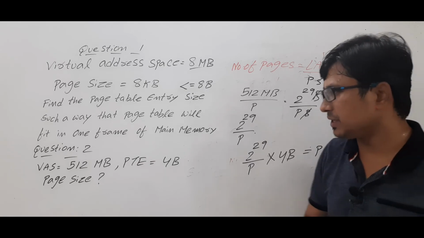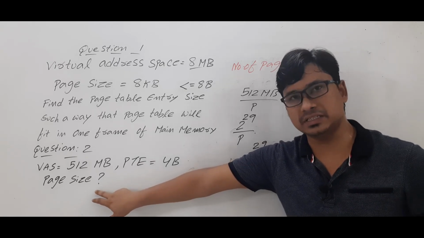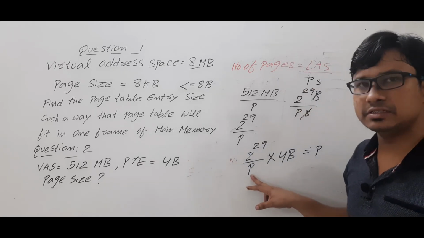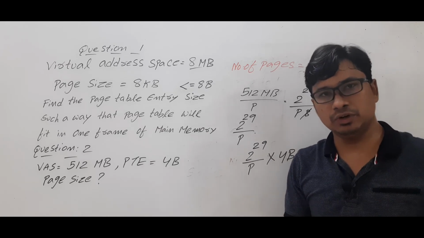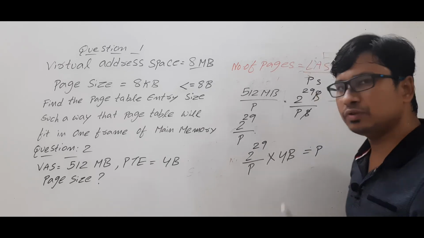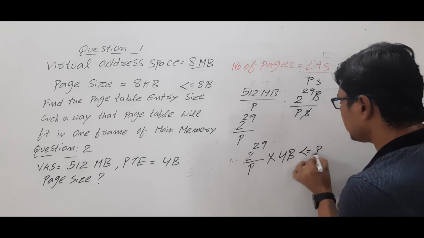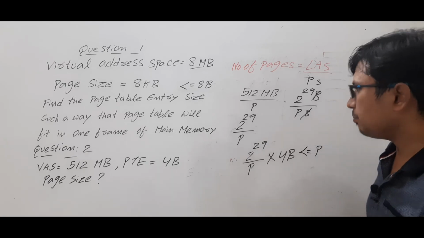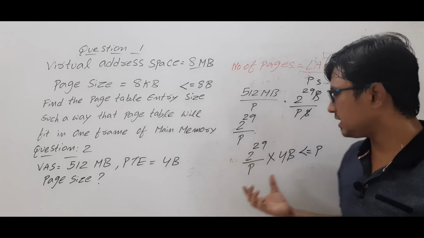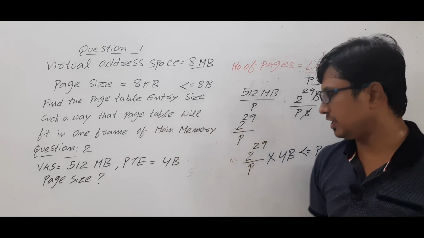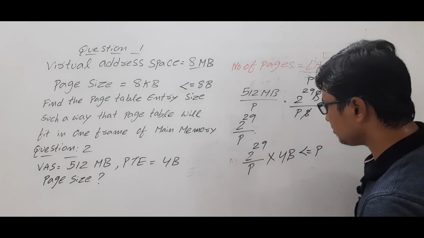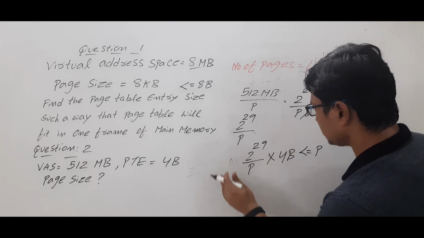Are you able to understand? Because they are asking us to compute the page size. We have assumed the page size as P. Page size will be equal to frame size. So this will be equal to P. It should be less than or equal to P, because at max the page table size should fit in one of the frame. So now with this information, let me compute this thing.